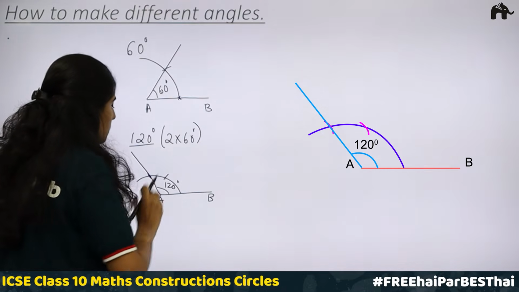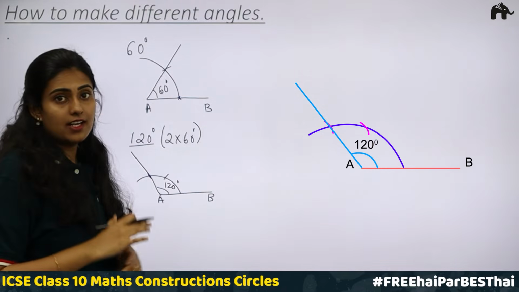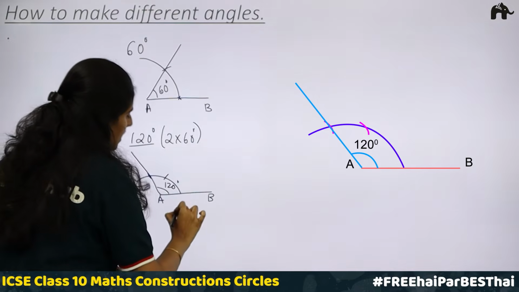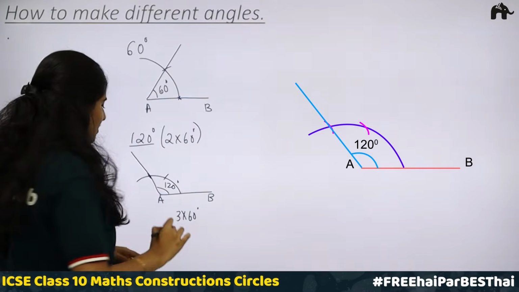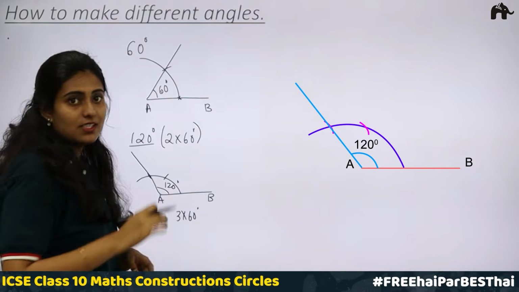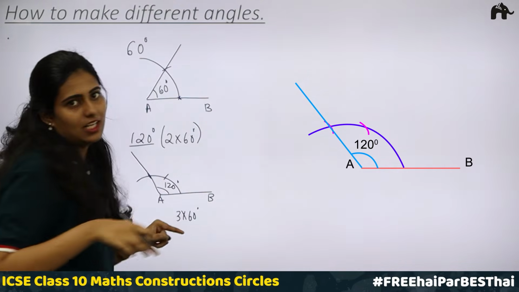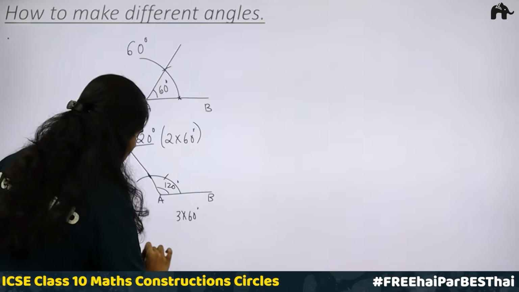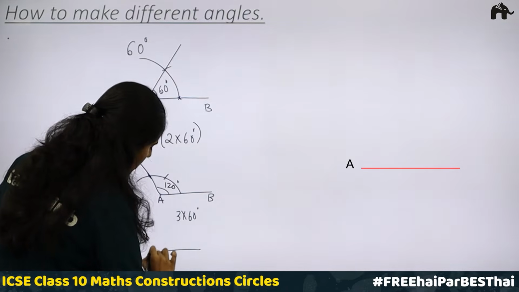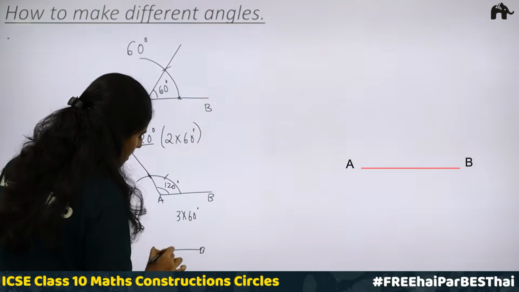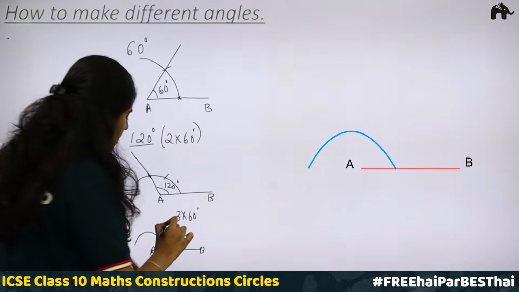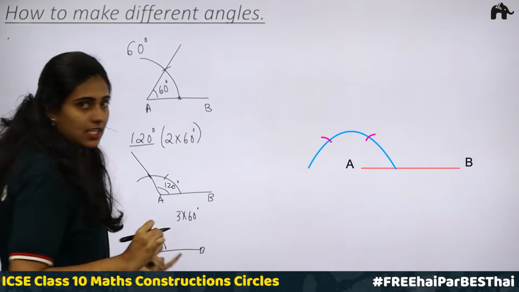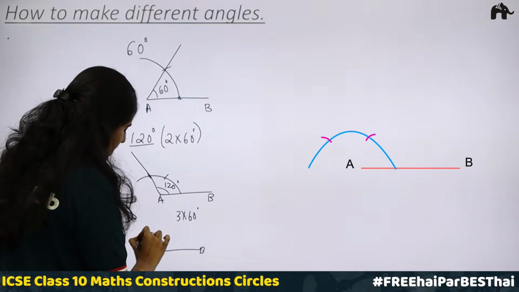Now, if you need to get the angle 180 degree, 180 is 3 times 60 degree. To get 180 degree, it's very easy. We don't need to do all these steps because at 180 degree, you will be getting a straight line. I'll just show you. AB is the line segment. We draw an arc with some measure and A as center. Cut the first arc with the same measure. You got 60 degree.